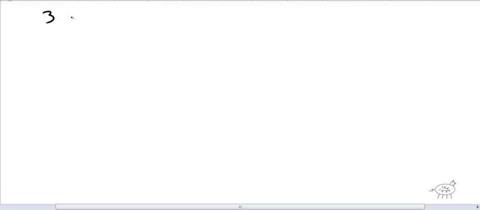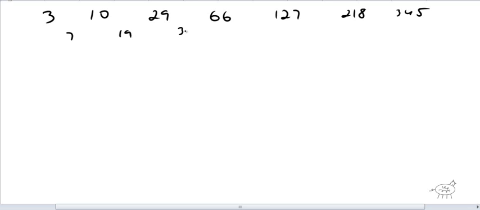So let's take a look. 3, 10, 29, 66, 127, 218, and 345. All right, and then again, the differences are 7, 19, 37, 61, 91, and it takes a little bit of time.